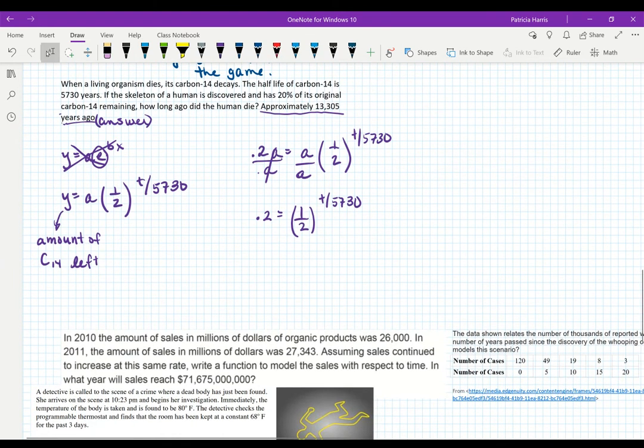So I'm going to take the natural log of both sides, natural log of 0.2. Now I'm going to change that 1/2 to a 0.5, again, because it's going to be easier to type into my calculator. According to properties of logs, this exponent can come down to the front.